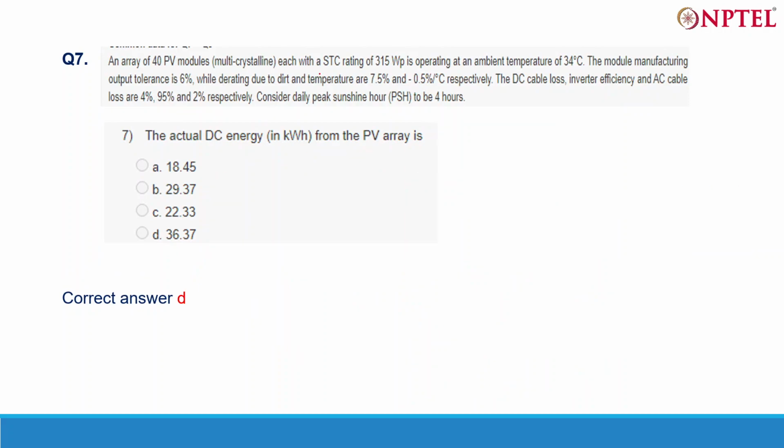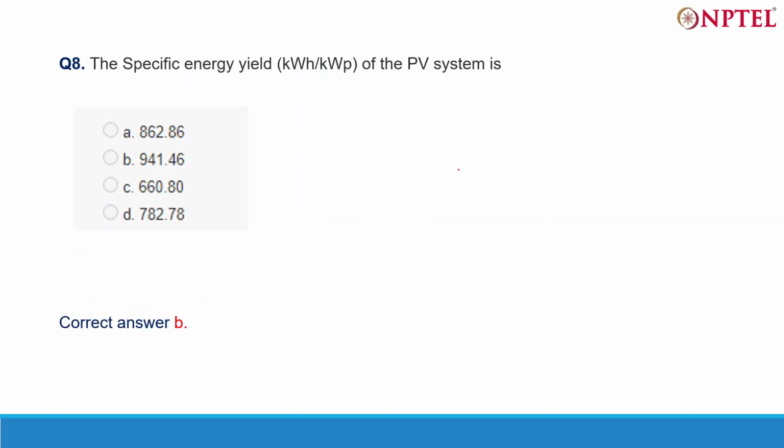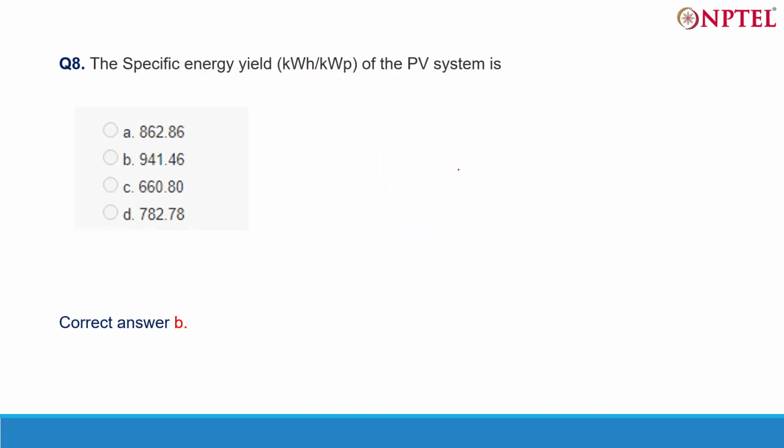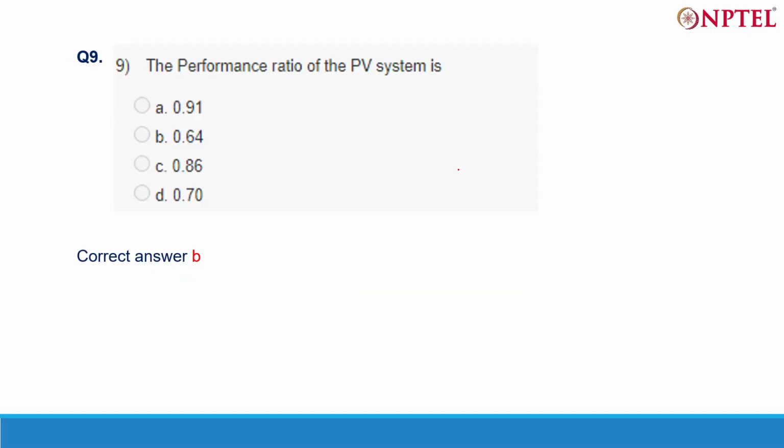Now there is a data given, and then you have to solve the questions. So this is actually also a formula based question. I think the same type of question was also solved in the previous numericals. So you just have to apply the data given, and that's all. You will get the answer. Okay. So I think they are asking specific energy yield and actual DC energy, and then performance ratio of the power system.